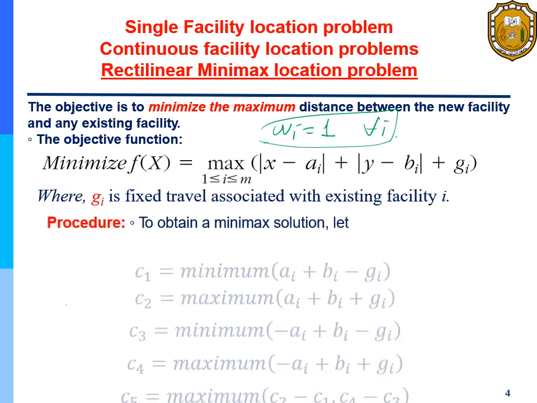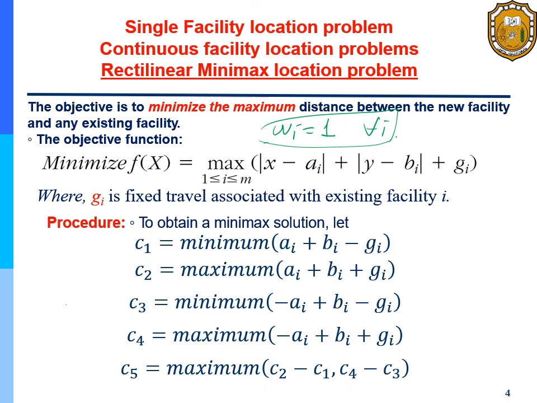So I explained Gi, and the procedure is this. Simply using the coordinates of the existing facilities, Ai is the x coordinate, Bi is the y coordinate of existing facility i, and this Gi is the constant fixed travel associated with this existing facility.